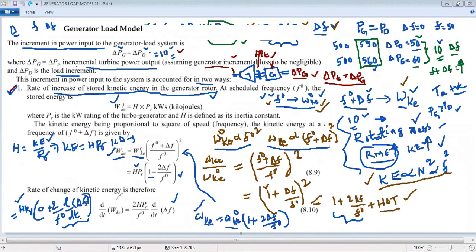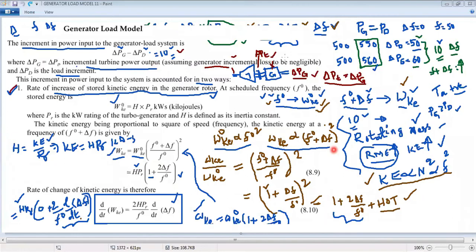The rate of change of the kinetic energy is given by d by dt of Wke equals 2HPR by f naught into d by dt of delta f. This is the relation we required from the first case. Here PR is the rating of the machine in kW, H is the inertia constant, and d by dt of delta f is the rate of change of frequency. So this is case one.